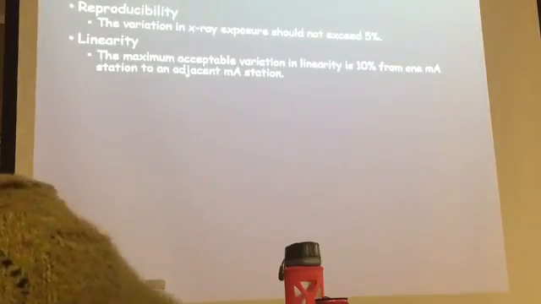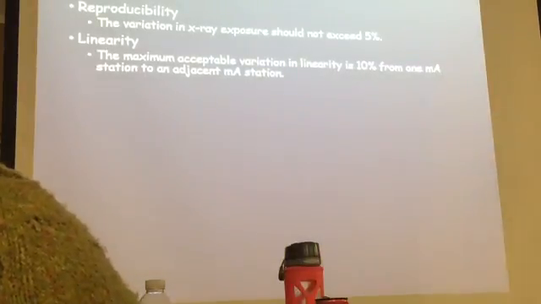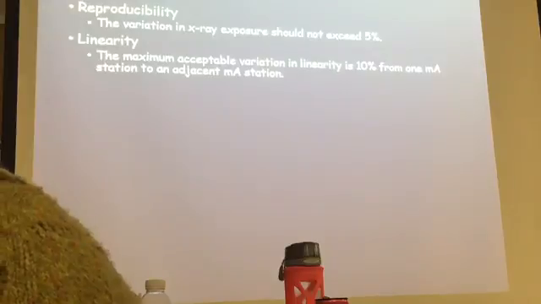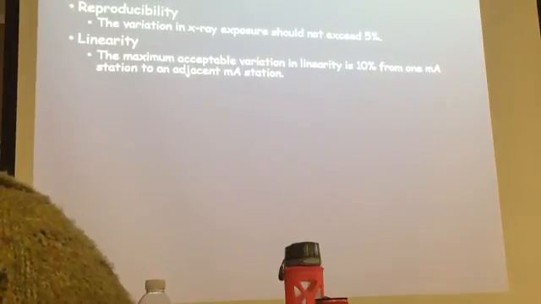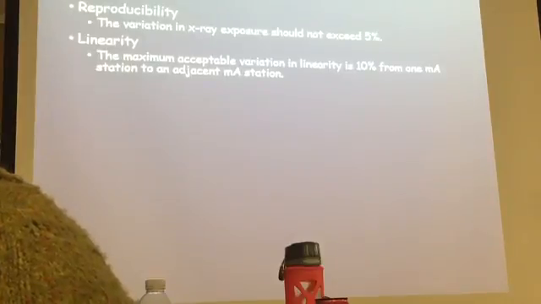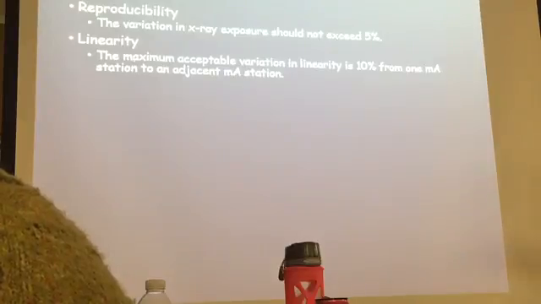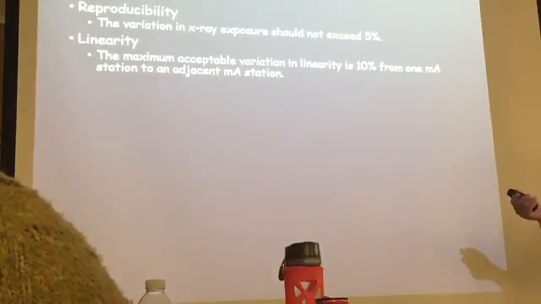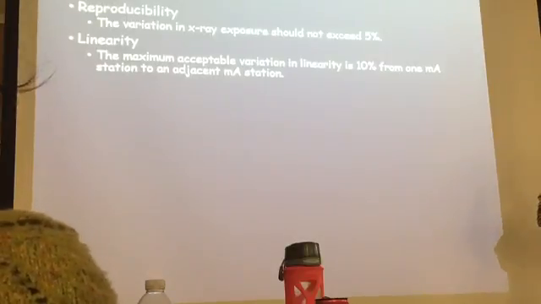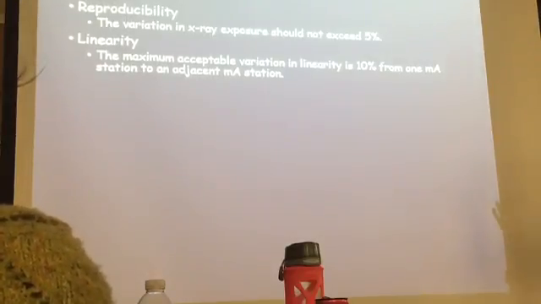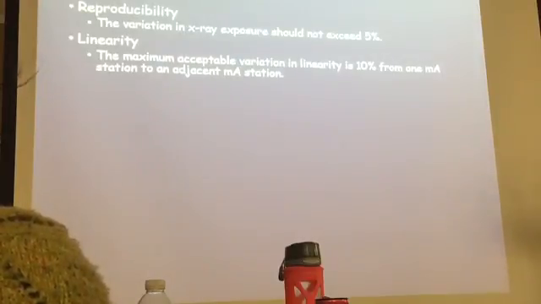Okay, reproducibility. Reproducibility is that the variation in X-ray exposure should not exceed 5%. How it's tested is you do a bunch of exposures. You pick a technical factor. Typically, this will be done at 80 kVp, 20 or 30 mAs.